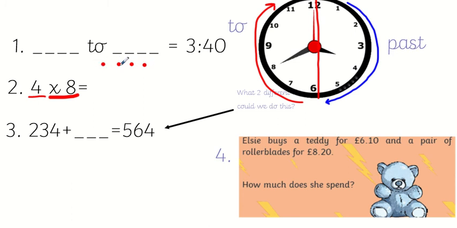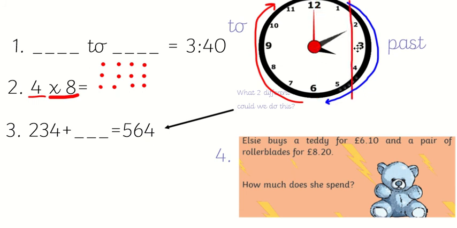That would be 4 times 1, 4 times 2, 4 times 3, and so on until you get to 4 times 8. Then once I'd finished doing 4 times 8 in my array, I would use that to help me count in 4s to find out my answer. I hope that helps.